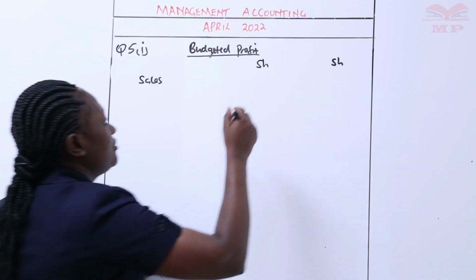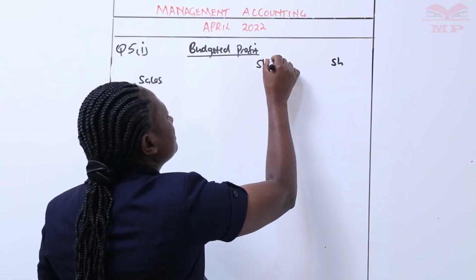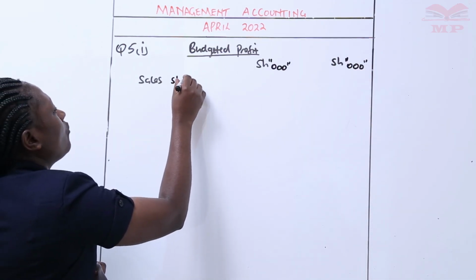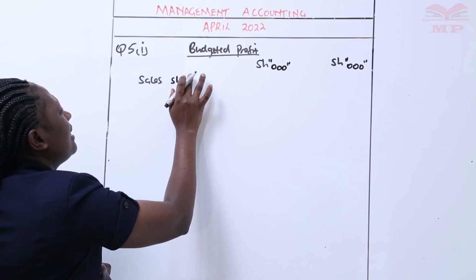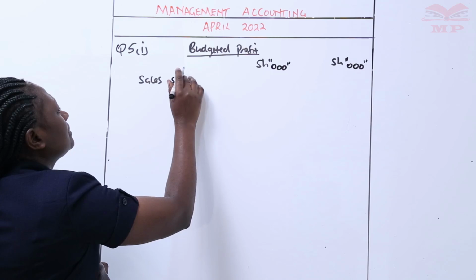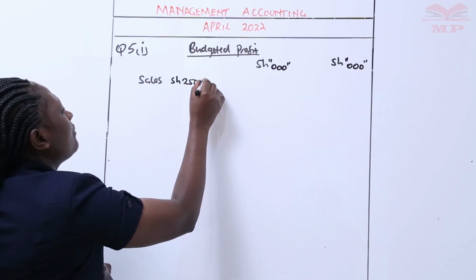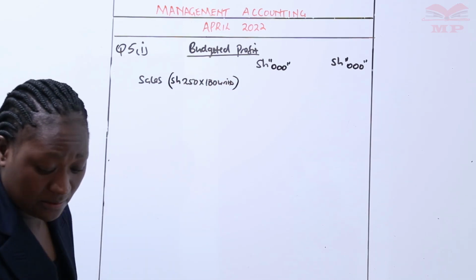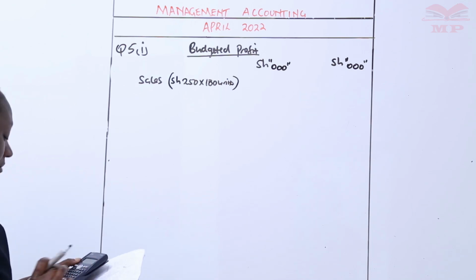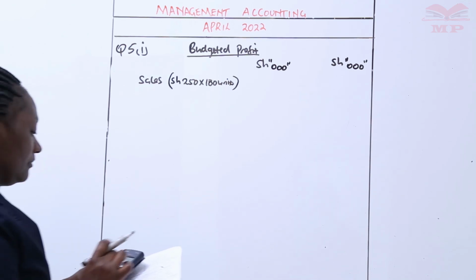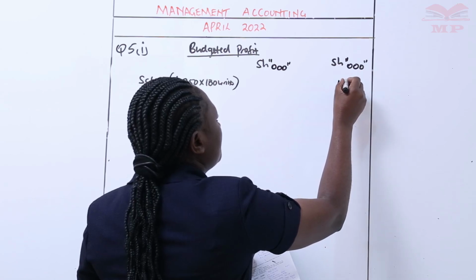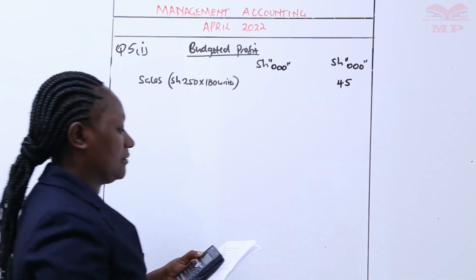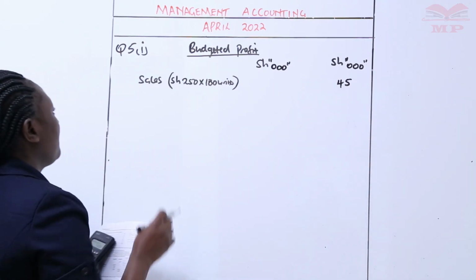To get the sales, we can reduce this to thousands: 250 shillings multiplied by 180 units. This will give us 45,000.